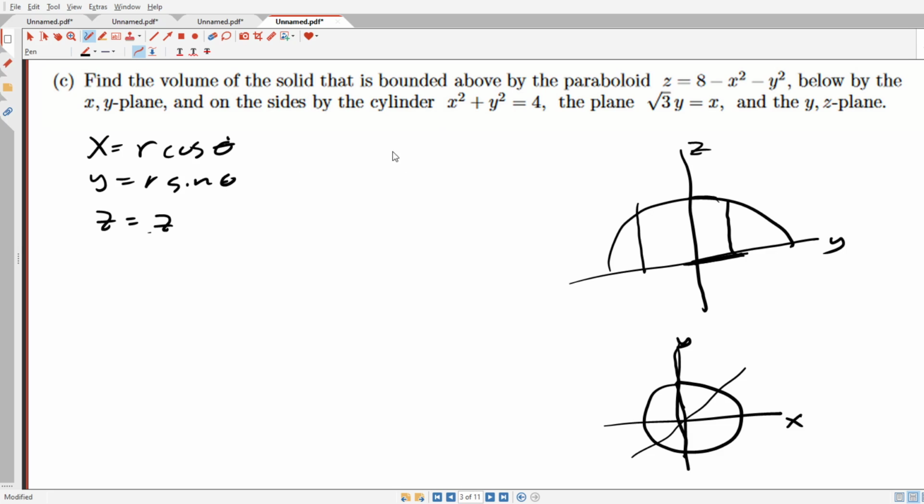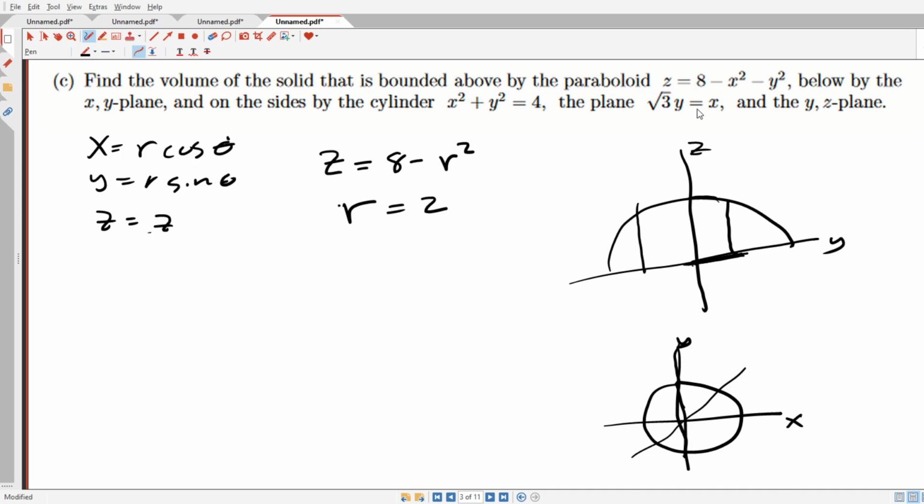Okay, so that gives us that the top shell right here is the equation z equals 8 minus r squared. Okay, so that's this top one. We know that the cylinder is going to be the bound r equals 2. So r is going to go from 0 to 2.